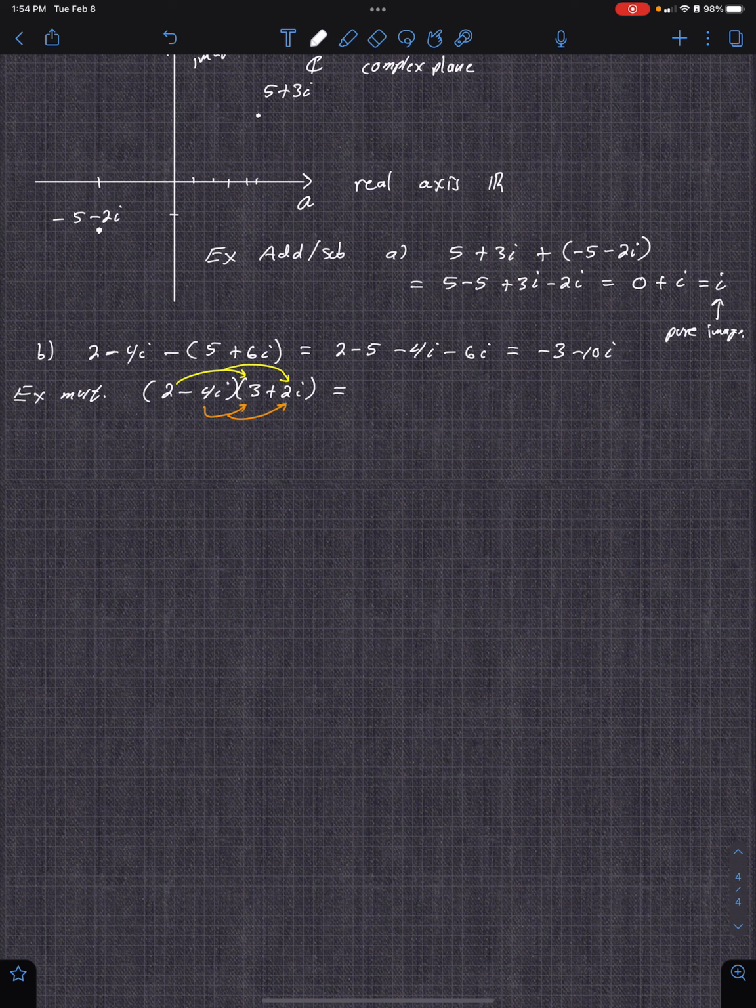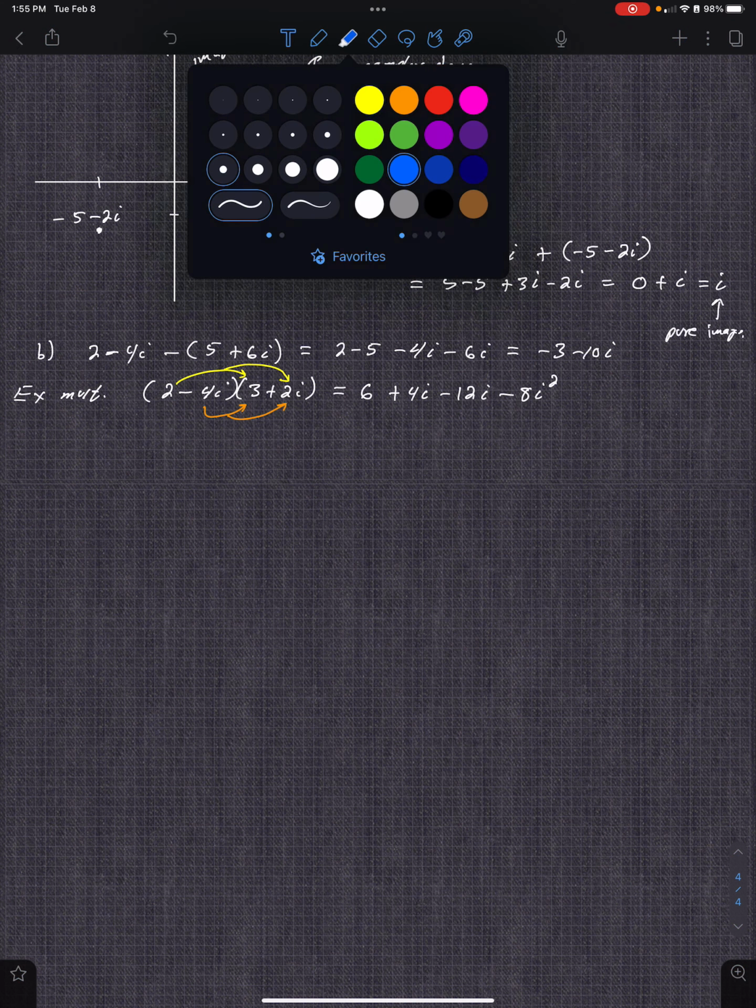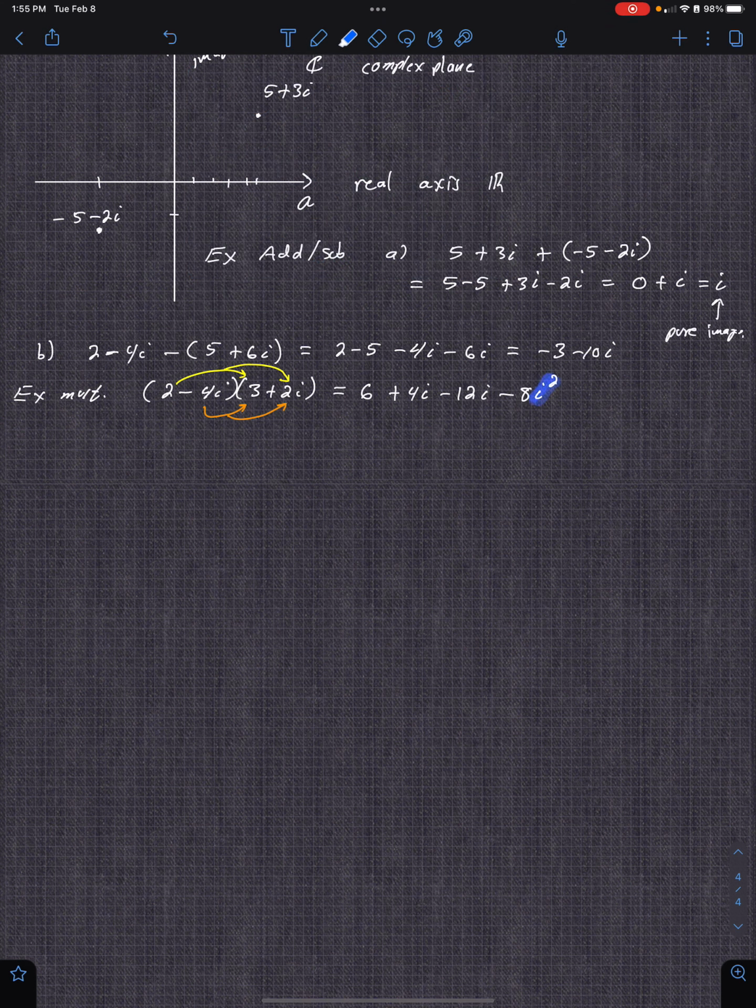Okay, now let's continue. So you get 6 plus 4i minus 12i minus 8i squared. So that's the place where you have to do something. With that i squared, you have to make that a negative 1. So it just becomes a plus 8. So this is equal to 6, and we can add those up.